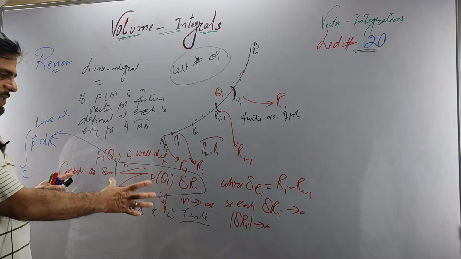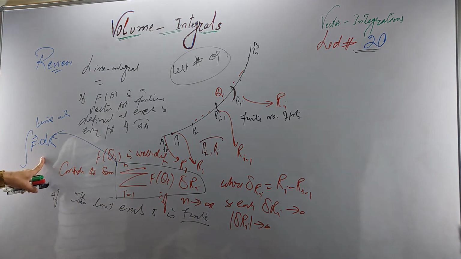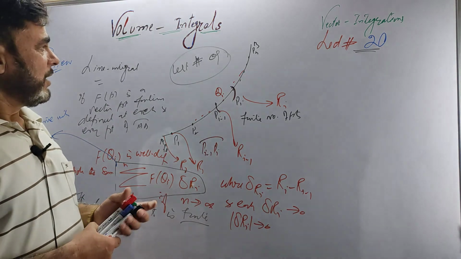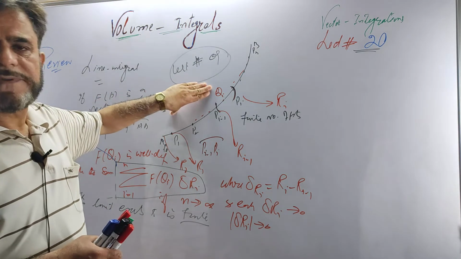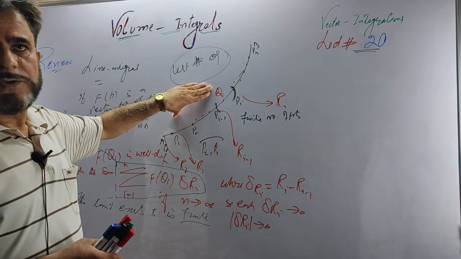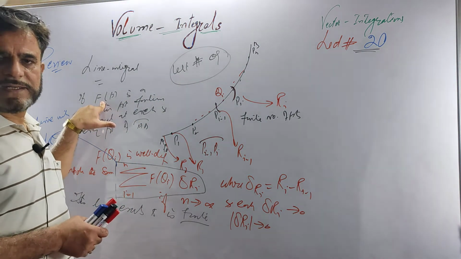So when this limit exists and is finite, we say this is the line integral of f dot dr. Then you said, what is the physical significance of this line integral? The physical significance is that you can find the work done by this force along any curve.